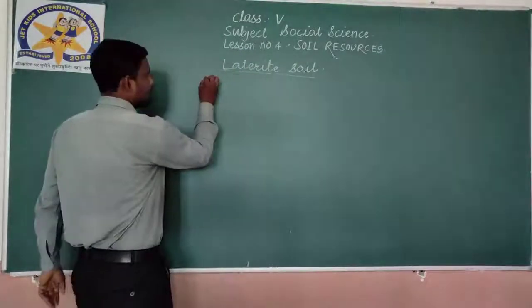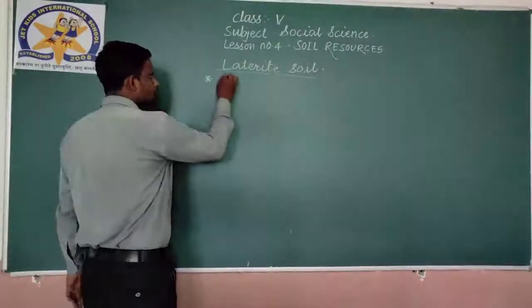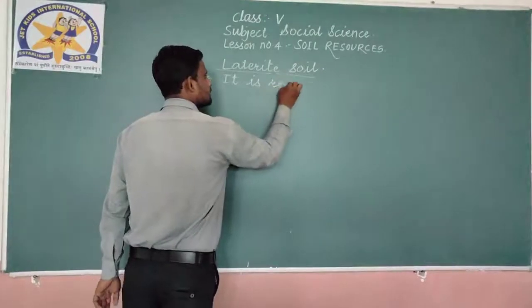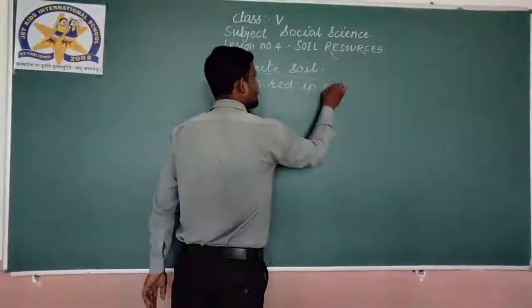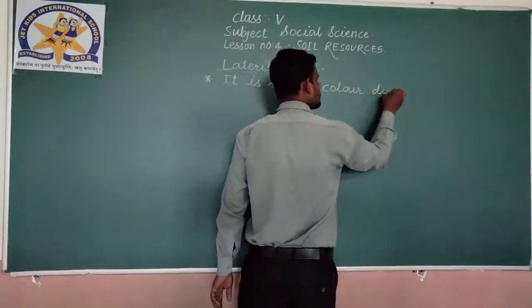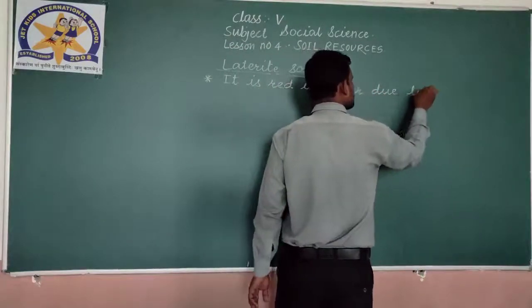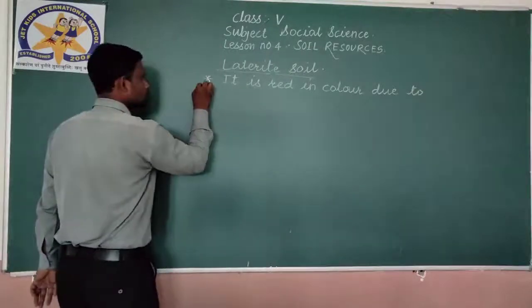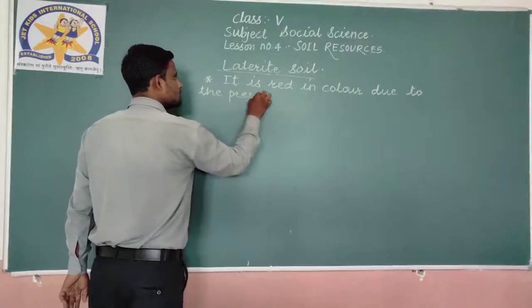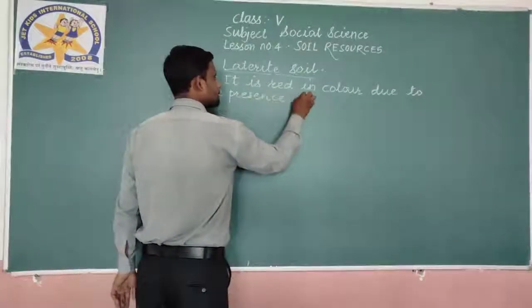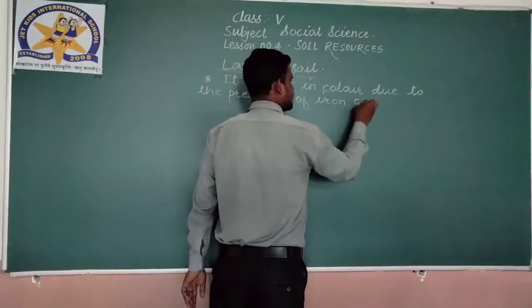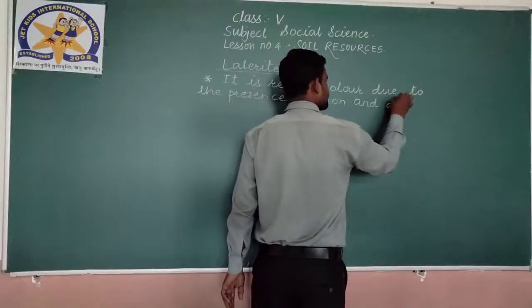So the points of laterite soil: first, it is red in color due to the presence of iron and aluminium.